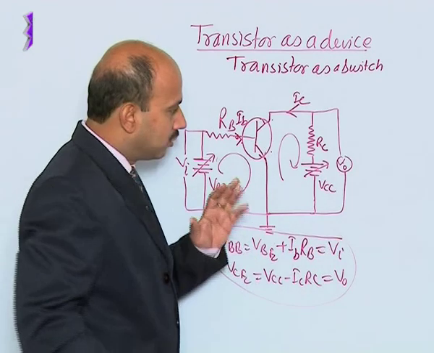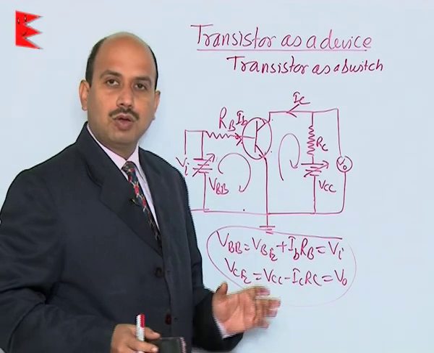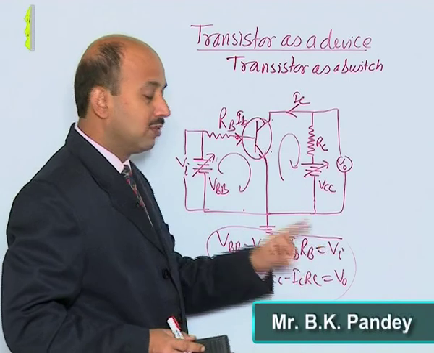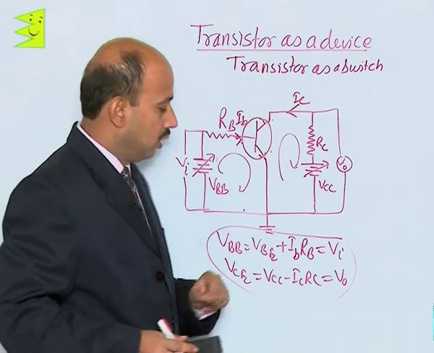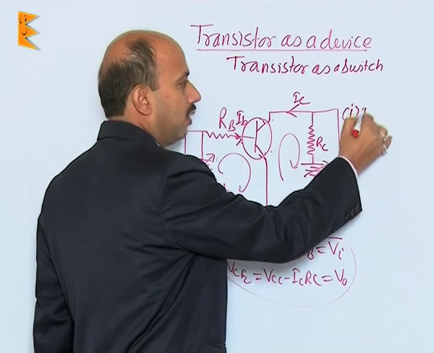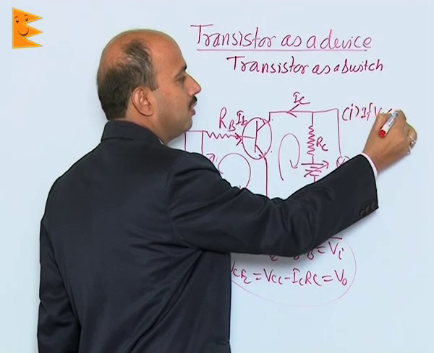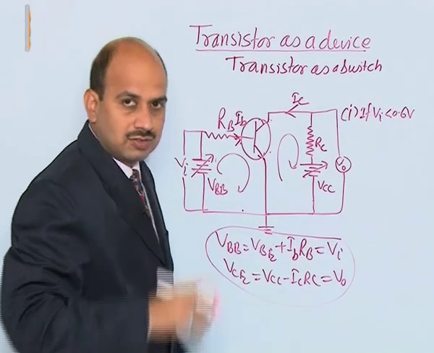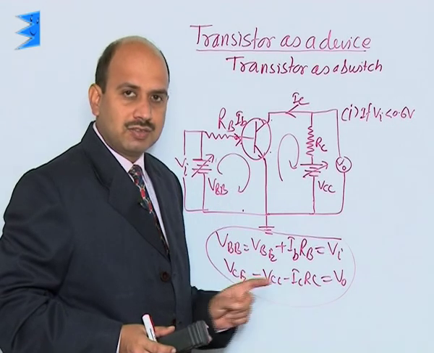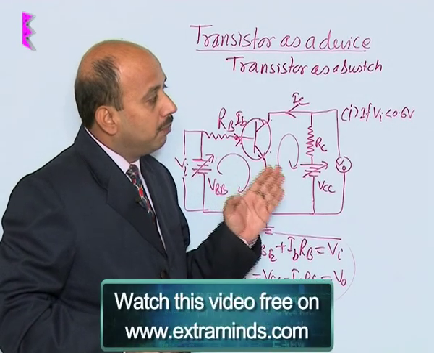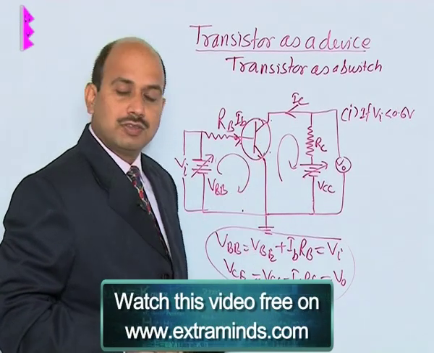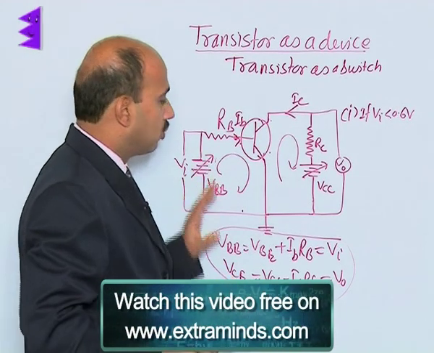Now look at its working here. We are using a silicon transistor, and in a silicon transistor, first point, if VI is less than 0.6 volt, and this is for a silicon transistor I am talking about, as we have done in the input characteristics of the transistor, below 0.6 volt the transistor does not conduct.